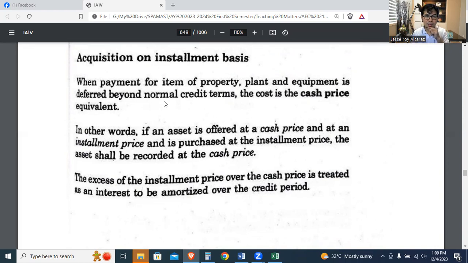The answer is this: the cost is the cash price equivalent. This means that even if we pay for it in installments over the next 3 or 5 years, we will still be recording the equipment at the cash price.